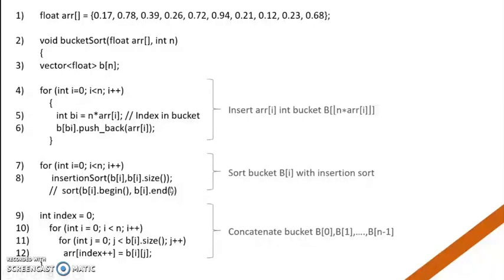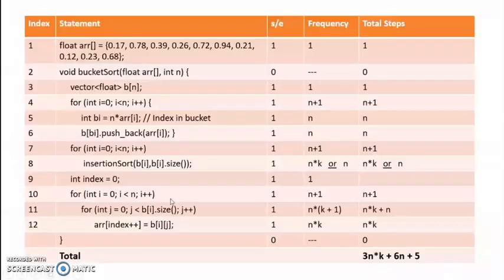And the next step is to assign the elements of buckets back to the array. So this will run one time, and the internal statement will execute for n. The inner loop runs for n plus 1 times, and because the outer loop is n plus 1 times, we'll have it as n into k plus 1, and the next statement will execute for n into k times.